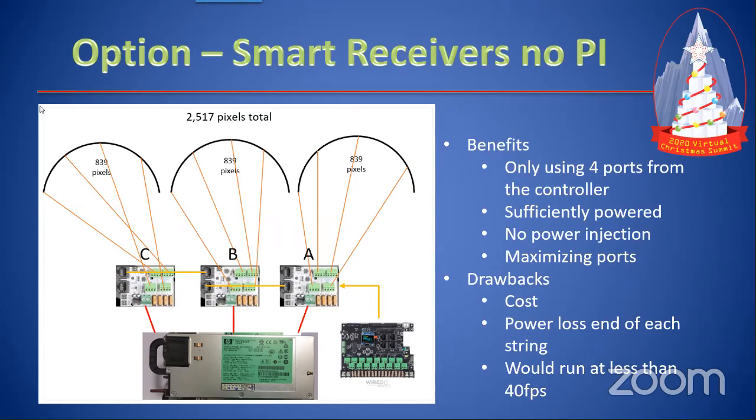You're limited to the port. On a Falcon, at 20 frames per second, you can run 1024. On a CLEP board, it's many more than that. At that point, you're kind of limited by power.